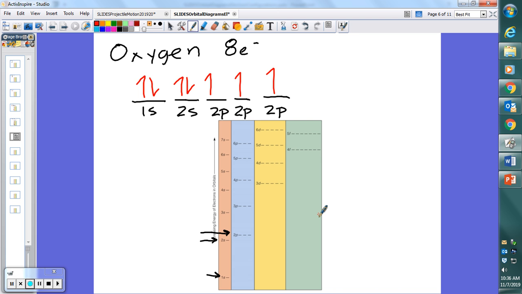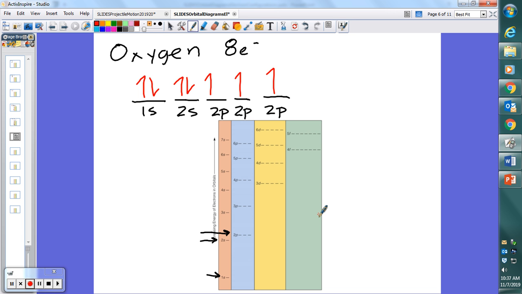Now, would that next electron jump up on this chart at the bottom of the page? No, because are these orbitals full yet? No. They are not. So even though there's already an electron in each of these orbitals, pairing up with another electron in this orbital is less energy than jumping up to the next orbital on the chart.